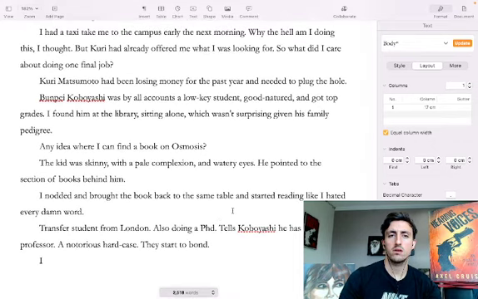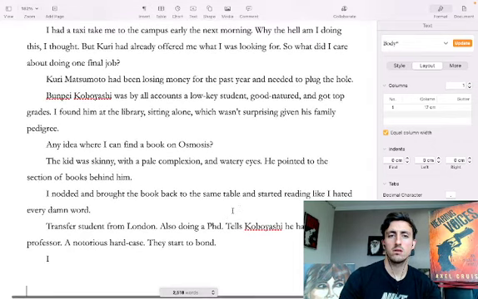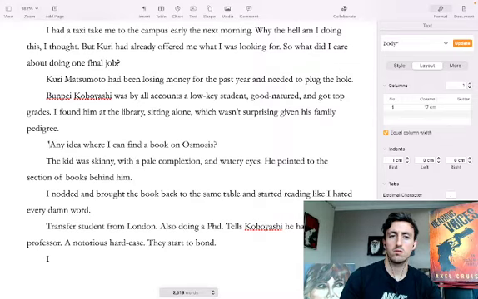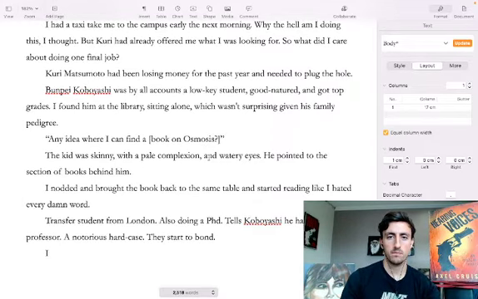Let's see. Right. This needs to be like a very specific book, right? This needs to be something that only PhD biology students would even know. Okay.